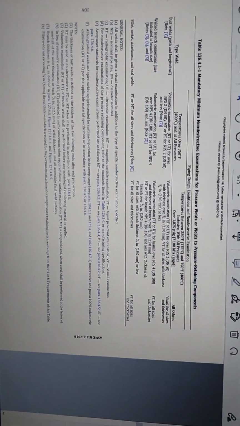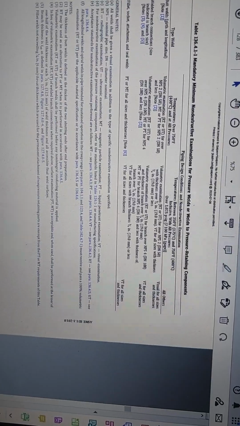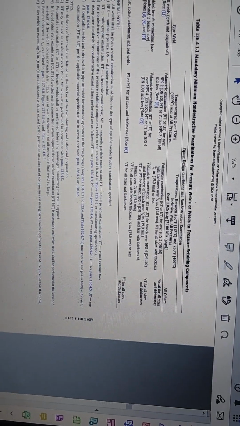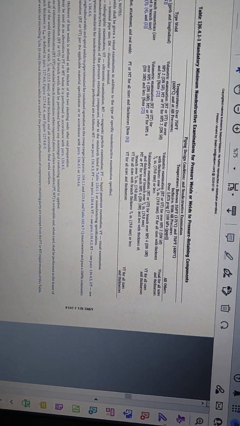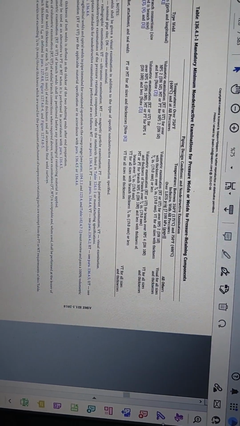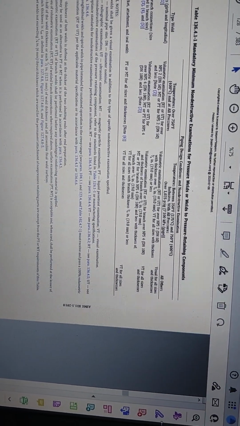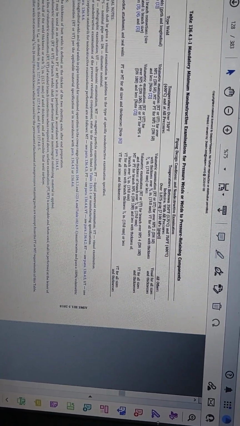If we look at temperatures between 175 and 400, for the butt welds, RT or UT for over nominal pipe size 2 with thickness over 90 millimeter, and VT for all sizes with thickness 90 millimeter or less.